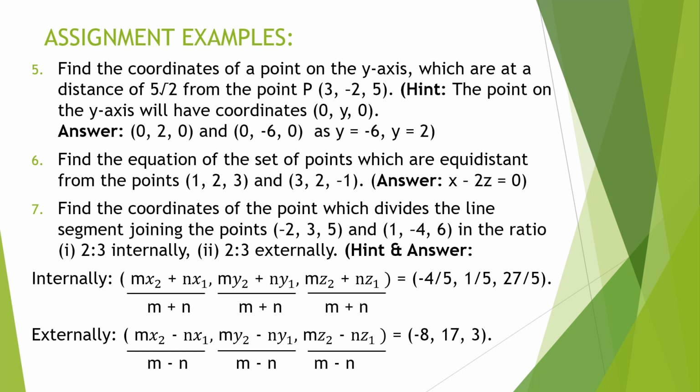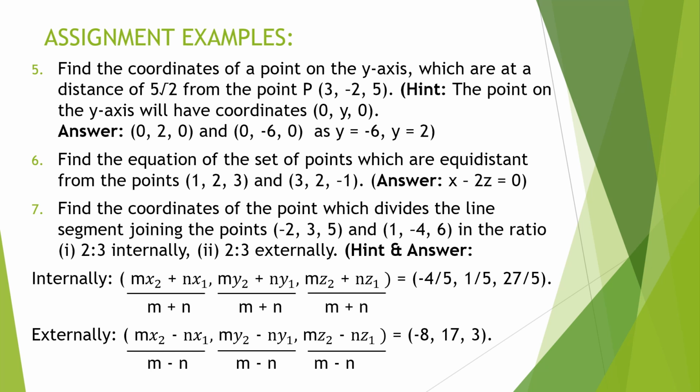Seventh, find the coordinates of the point which divides the line segment joining the points (-2, 3, 5) and (1, -4, 6) in the ratio 2:3, first internally and second externally. What is the formula?